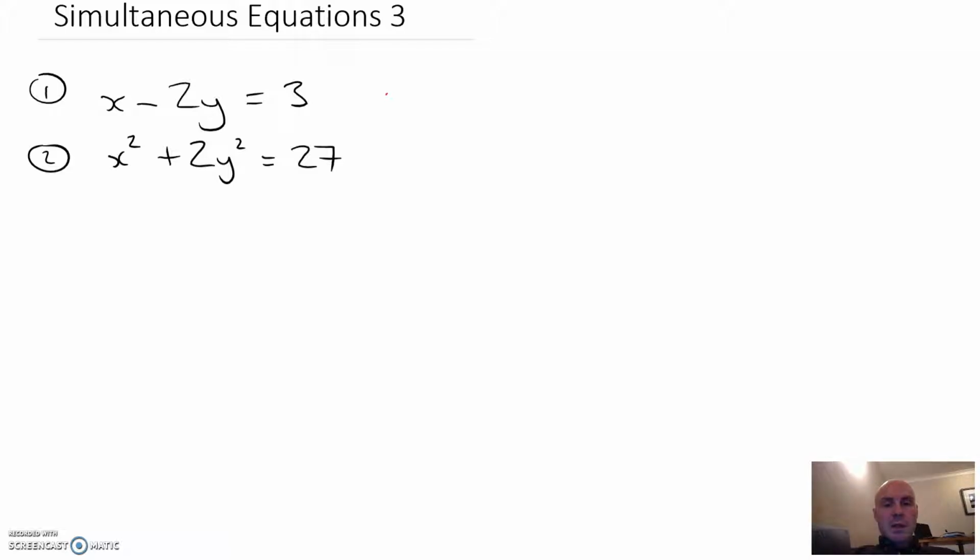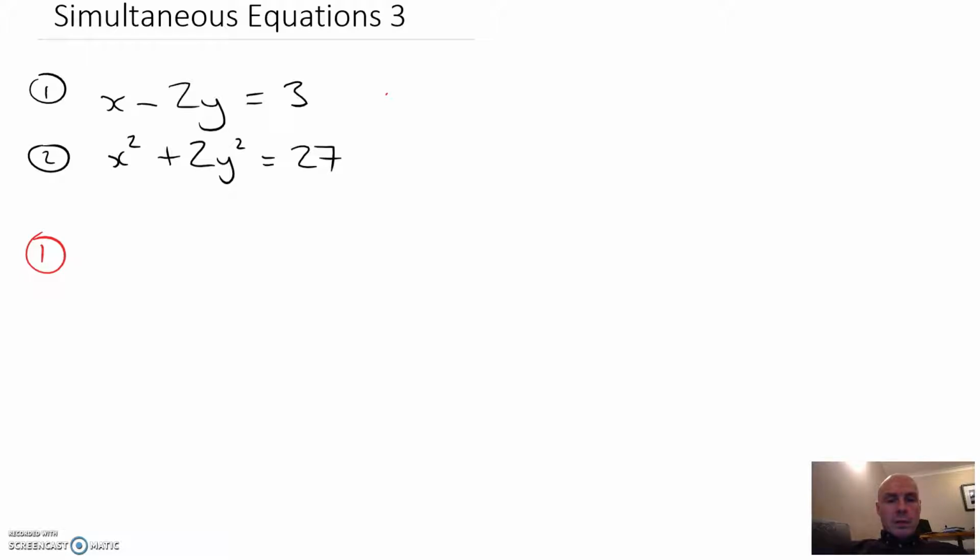Alright, now the trick to this method is we need to get one of our equations to say x equals or y equals or whatever the variable is. They might not always be x and y, we might have p and q in there. So we're going to turn equation 1 into something new. We'll take equation 1 and rearrange it to get x equals.